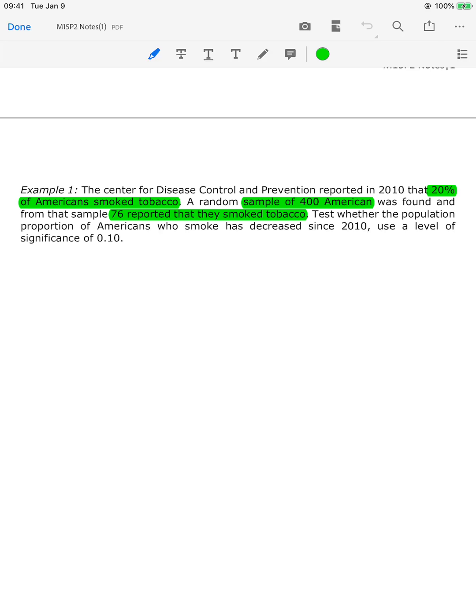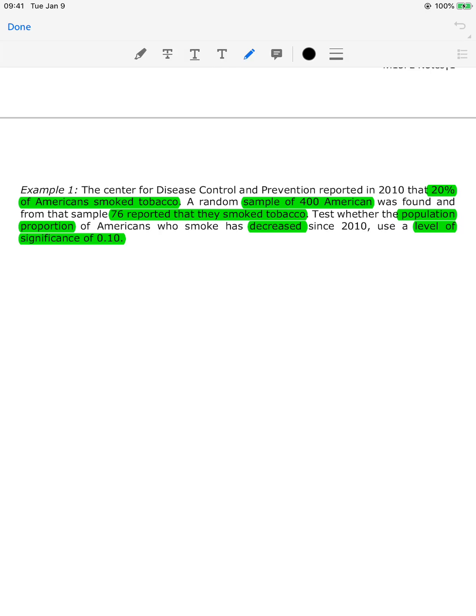Test whether the population proportion, so population proportion tells us the parameter of Americans who smoke has decreased. Use a level of significance of 0.10. So that 0.10 is our alpha. Okay, let's write that in. Alpha equals 0.10.